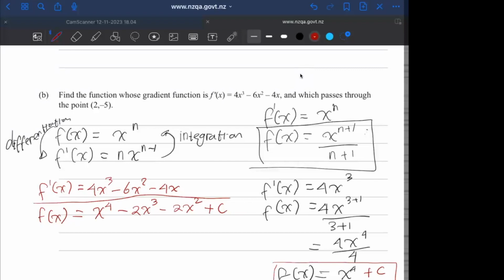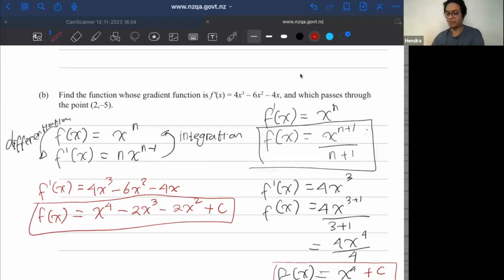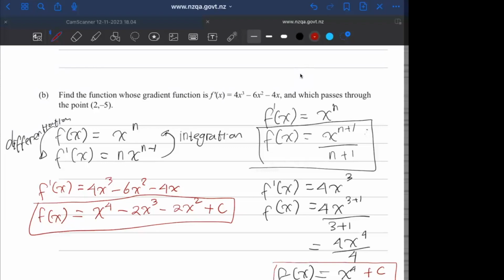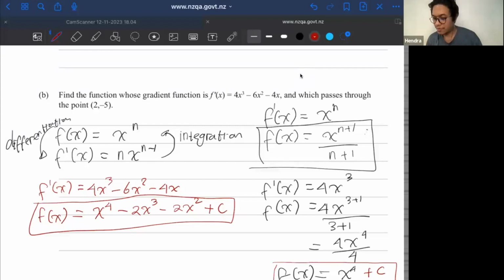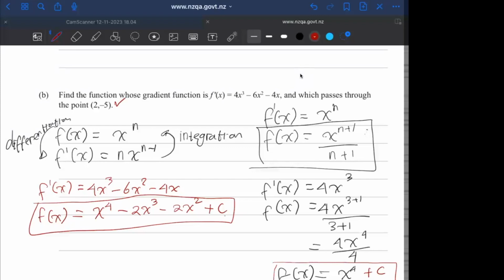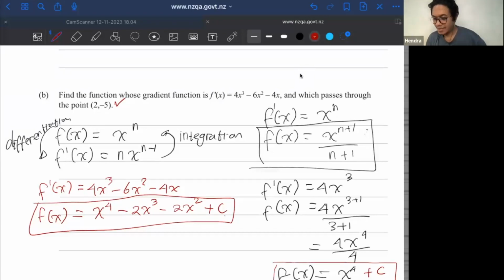Oh okay, because there will always be a constant, right? Mm-hmm. So to find c, now you can use this coordinate. So plug that in.